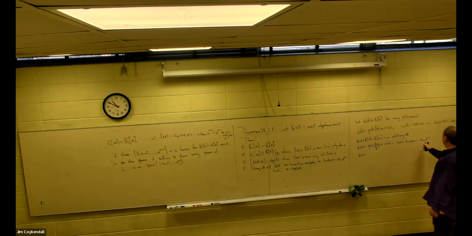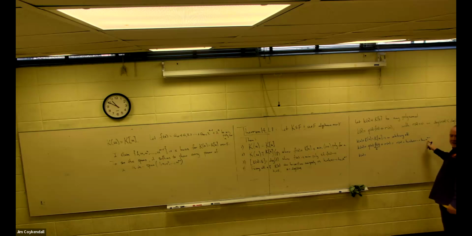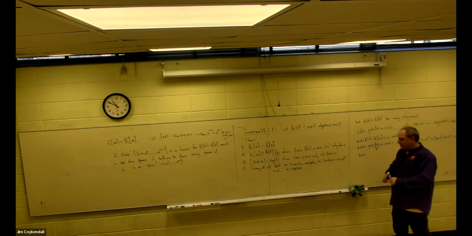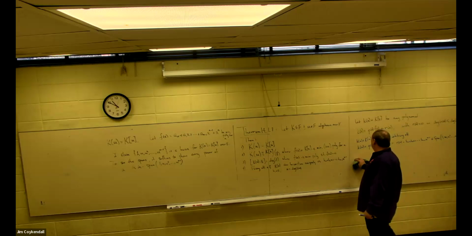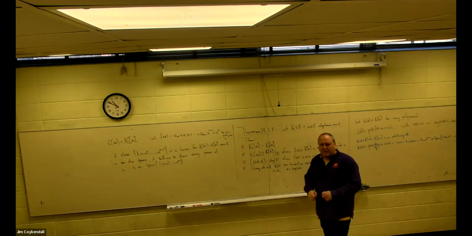Some of these coefficients could be 0, but since the degree of r is less than n, it's in the span of 1, u, u squared, up to u^(n-1). So that covers that, and your proof will work.